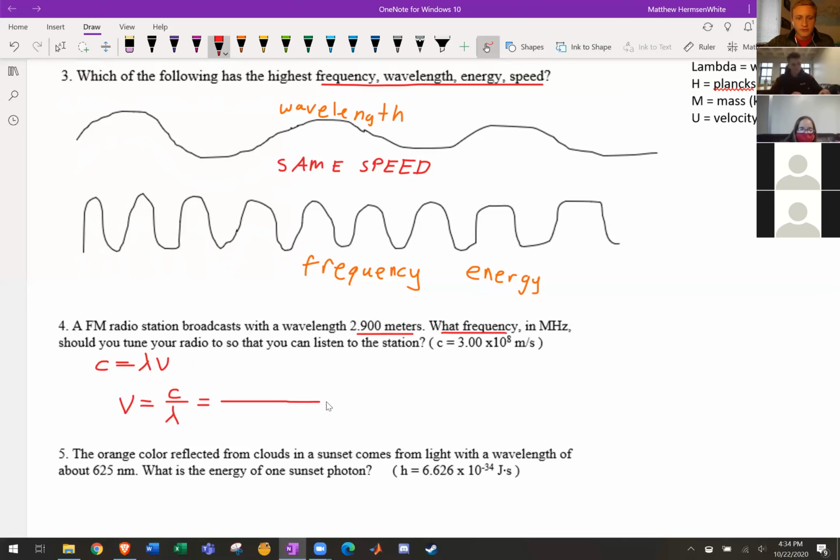And so we're just going to put in our values. c is 3.00 times 10 to the 8th meters per second, and then lambda is 2.9 meters. So this is going to give us 1.034 times 10 to the 8th hertz.